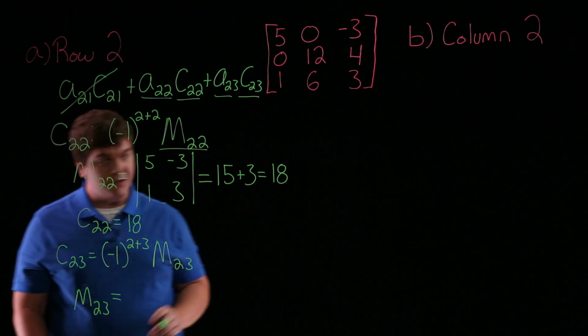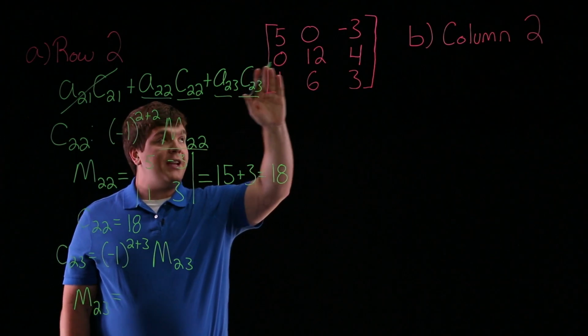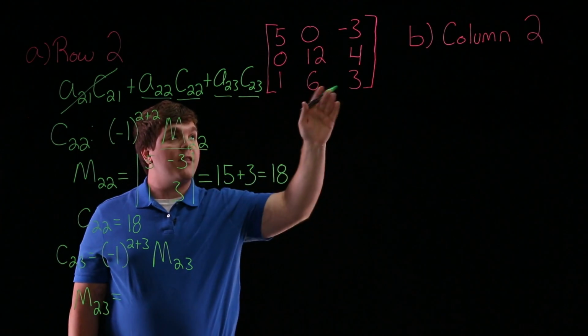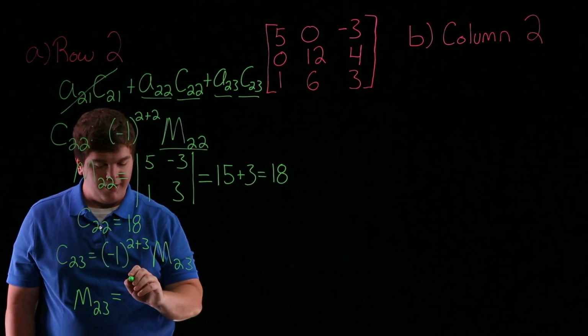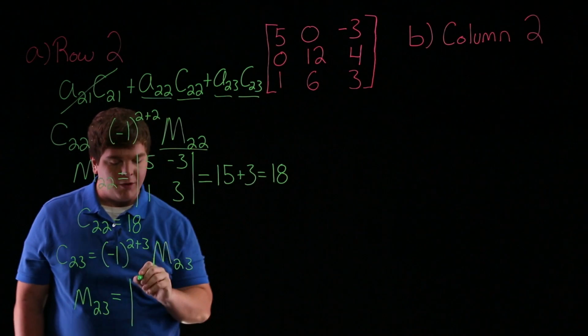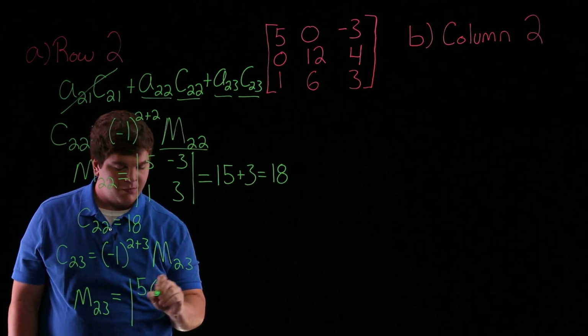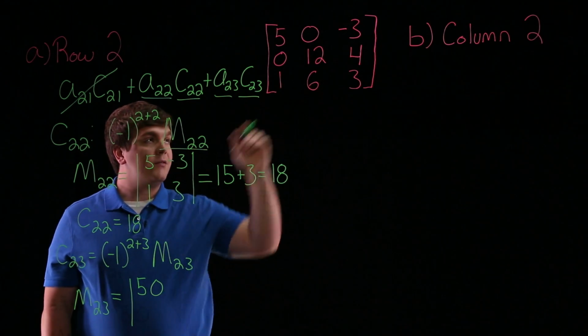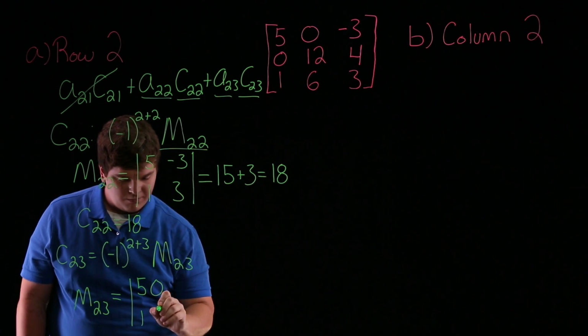So here, we're starting at our original matrix. We're deleting the second row and the third column, and then taking the determinant. So what we're left with is 5, 0 in the first row, and 1, 6 in the second row.